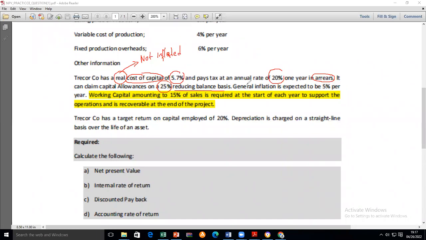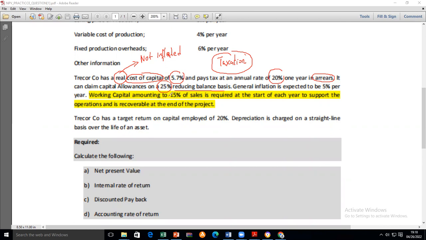So we have enough information again to help us deal with that. We have enough information to help us deal with taxation. The tax aspect has come through.